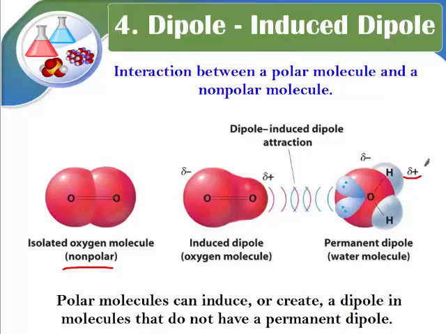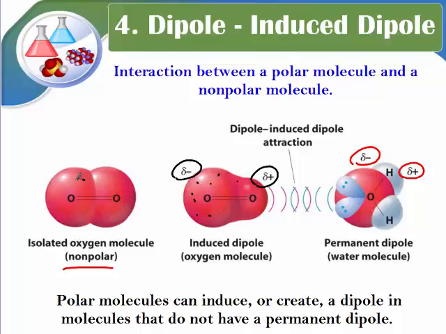So water is slightly positive and slightly negative. When the slightly negative oxygen comes close to oxygen, all of oxygen's electrons start going towards the left-hand oxygen, making this side slightly negative and this side slightly positive. So then we have some attraction, which then induces the next one.